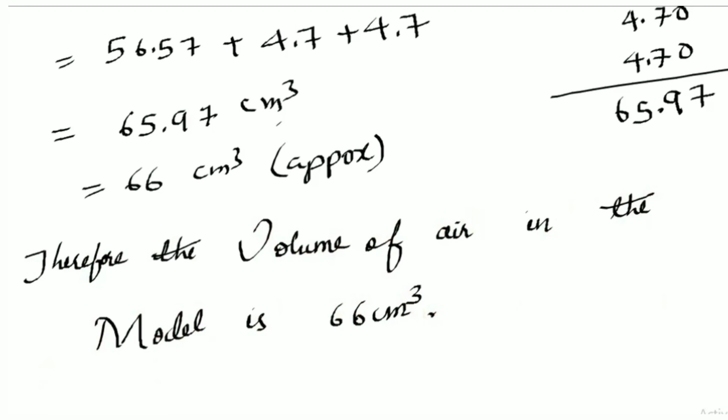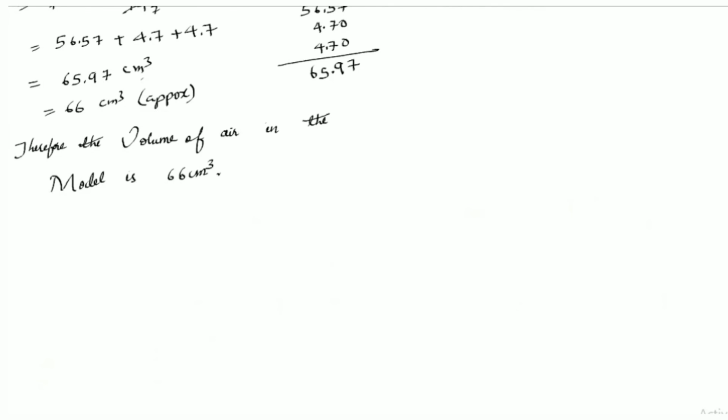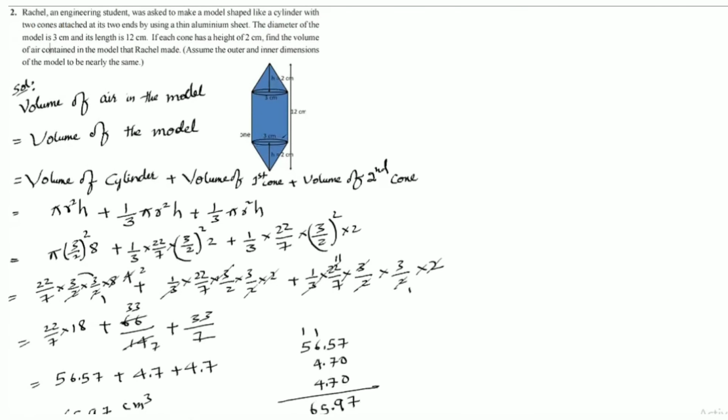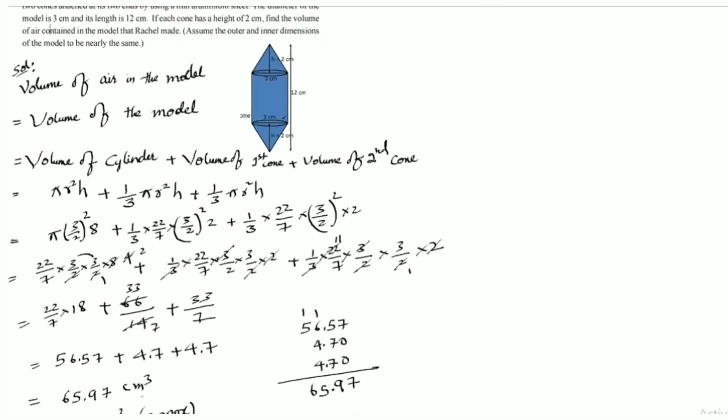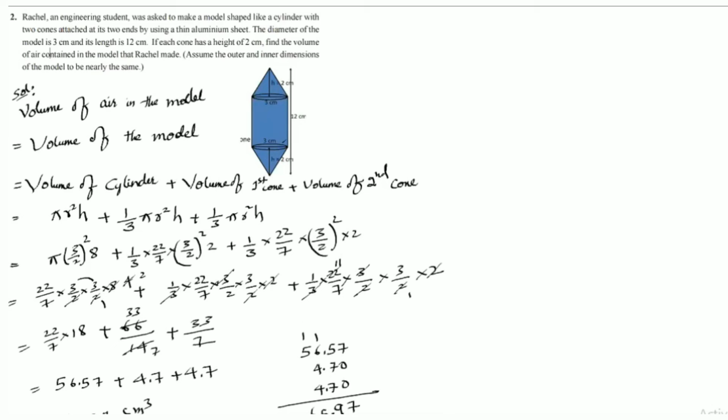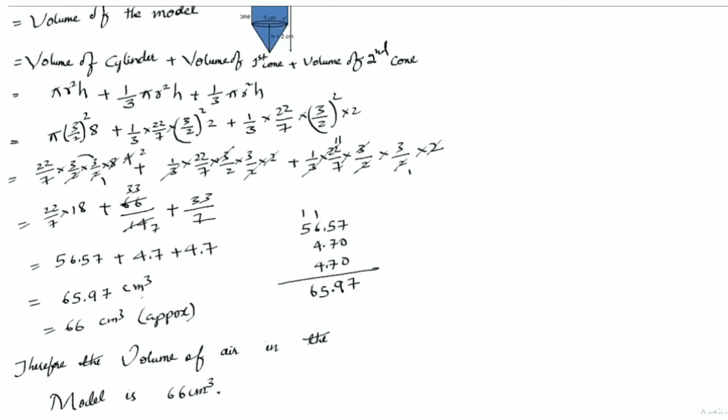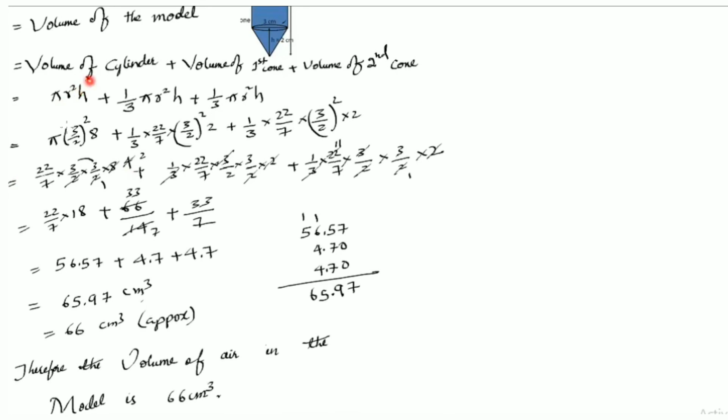I hope you understood this. Have a look at the complete solution. This is the complete solution. If you want, you can do this separately, then this separately, and then this separately. Both are okay. Thank you.